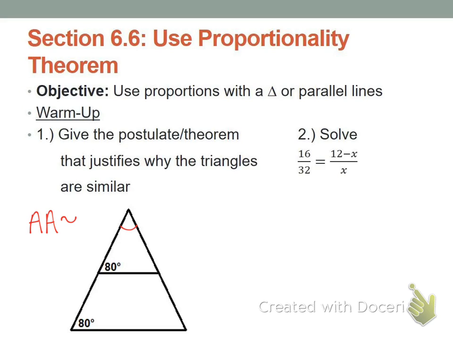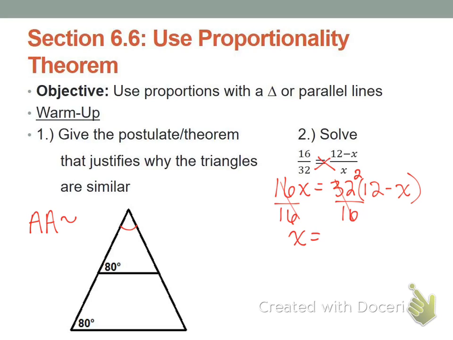Okay. Number 2, we have to solve that proportion. To solve proportions, we cross multiply. So 16x equals 32 times 12 minus x. You could make this a little bit easier on yourself from the beginning by dividing by 16.